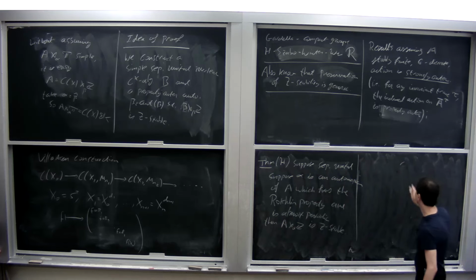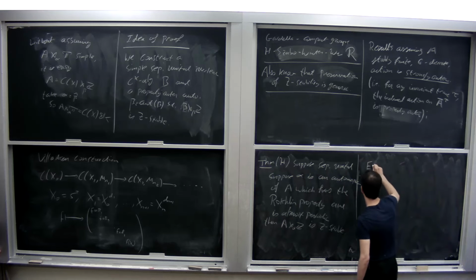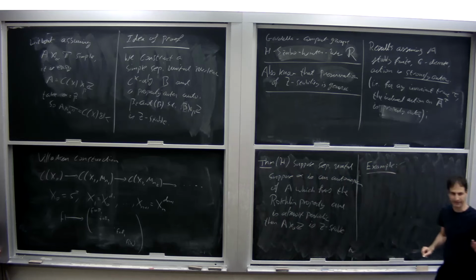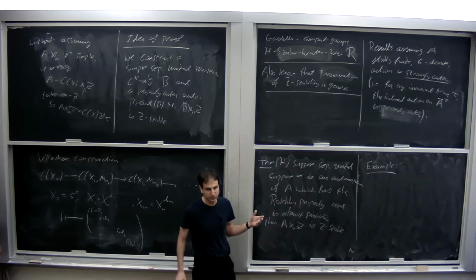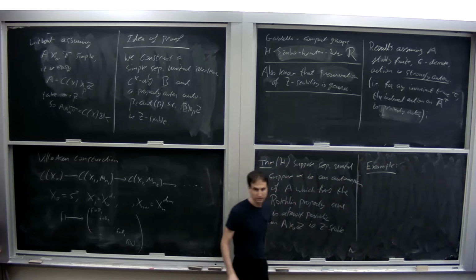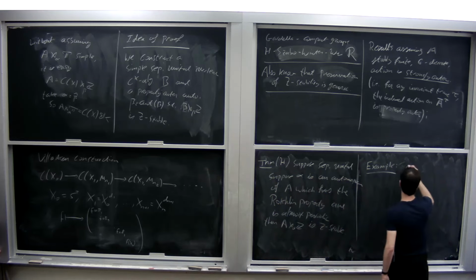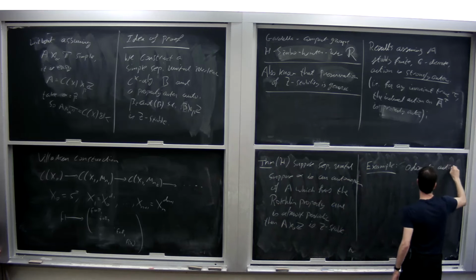Now, what would be an example of this? It's a thoroughly unexciting example because these things are understood for far more complicated cases without those conditions. But a nice example to have in mind is the odometer actions, right?